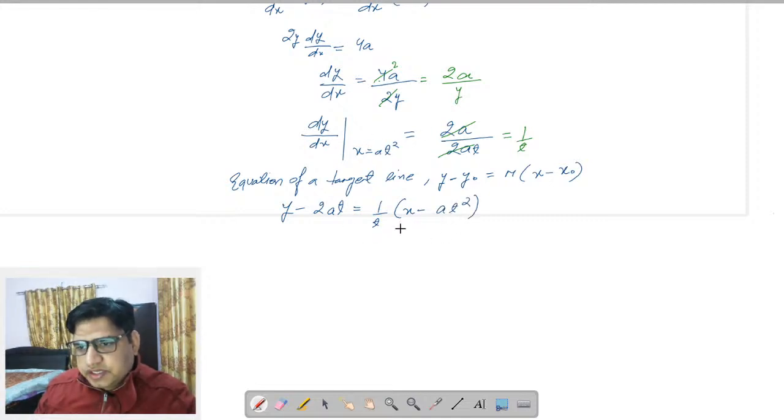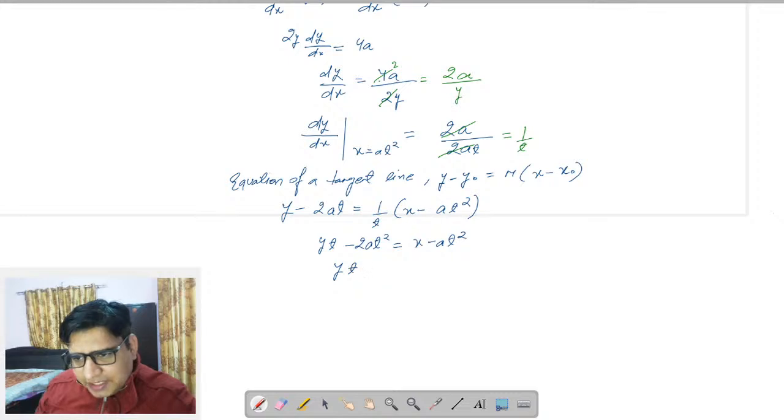So this is how we can solve. Substitute the values and try to simplify this further, and this will be yt minus 2at square is equal to x minus at square.